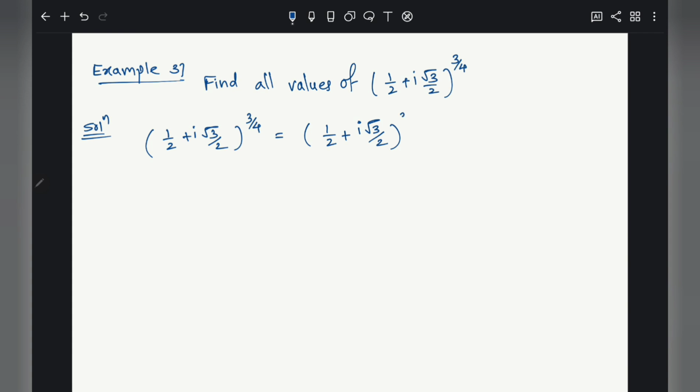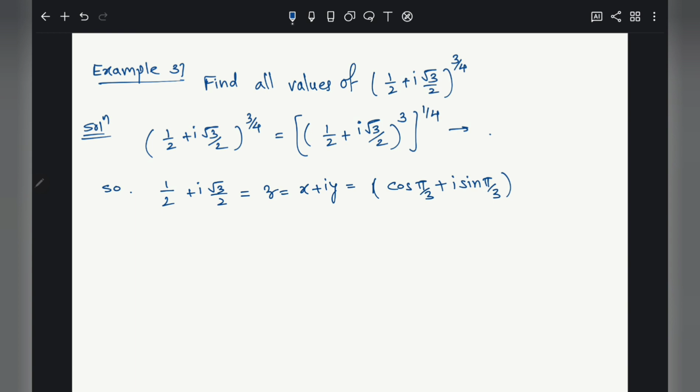We need to consider this as cube raised to 1 by 4. So first we need to take the cube and then we need to do the nth root. For this number, r is 1, and theta is pi by 3.